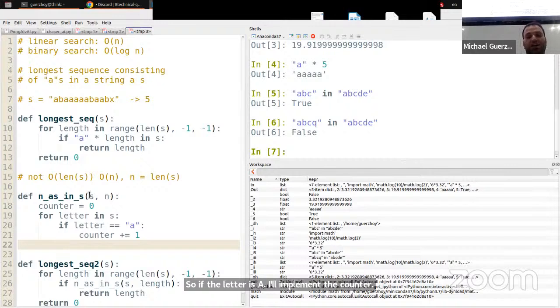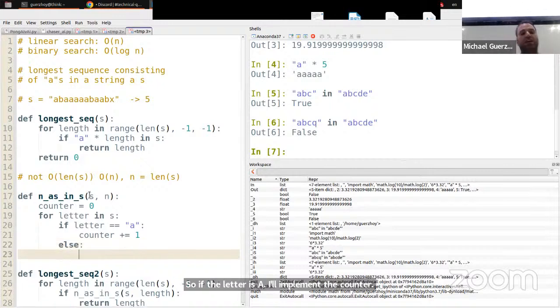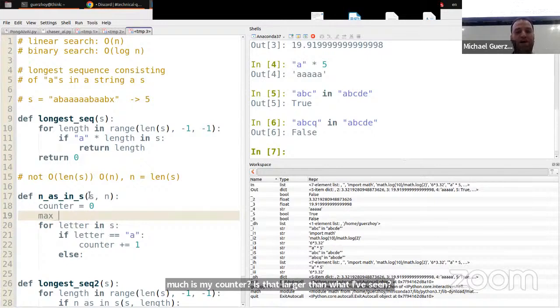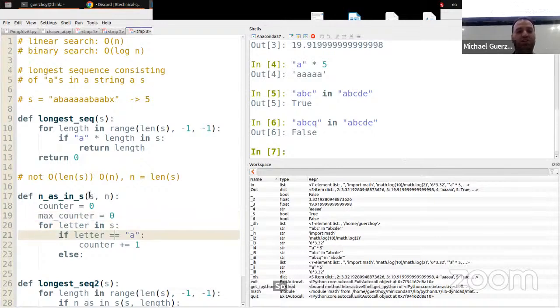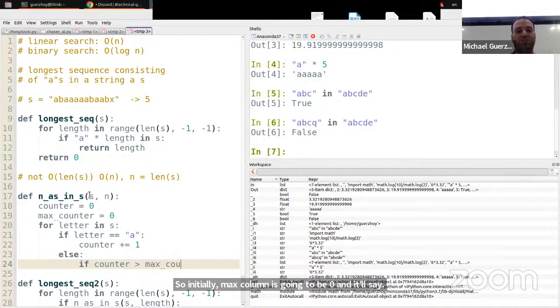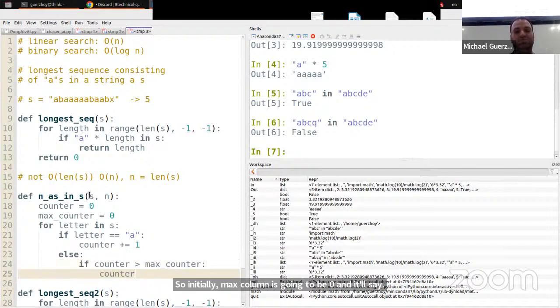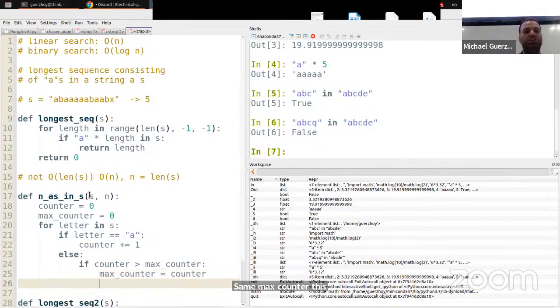If the letter is not A, then I'll say, okay, how much is my counter? Is that larger than what I've seen so far? Initially max counter is going to be 0, and I'll say if counter is greater than max counter, say max counter is counter. There is a small bug here that I'll fix in a second.